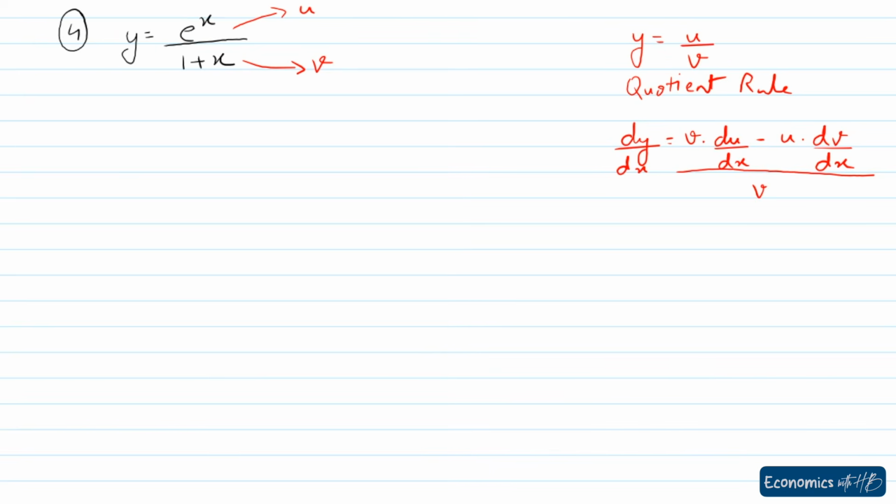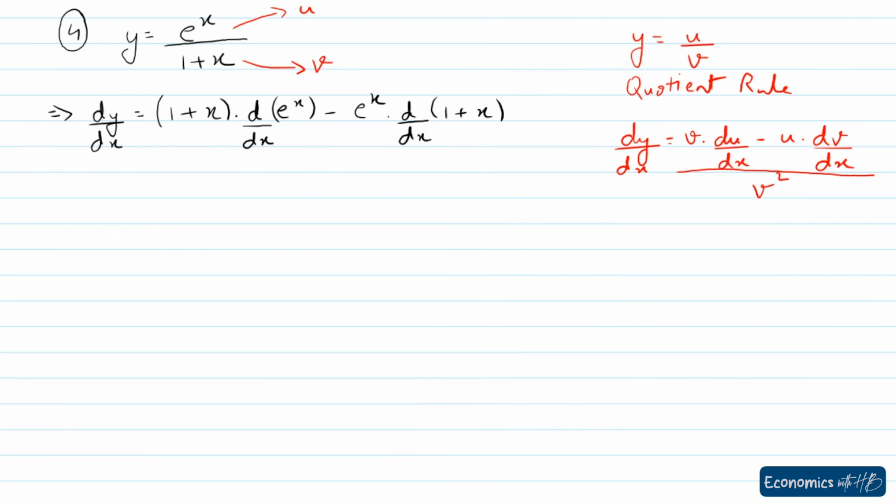So if we apply this formula here, we get dy by dx is equal to v, which is 1 plus x, into d by dx of e^x minus u, which is e^x, into d by dx of v, which is 1 plus x, and whole of this over 1 plus x whole square, that is v square.